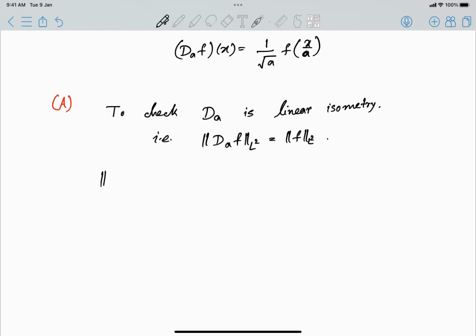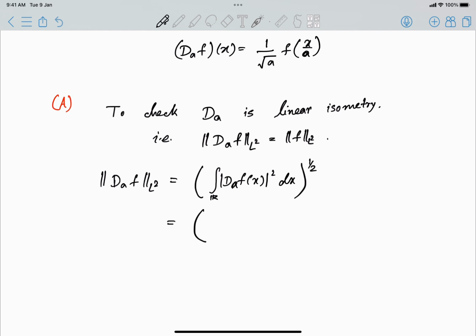So let's check this one. dA f L2 norm, by definition, is the integral over R of dA of f of x whole square dx, to the power half.